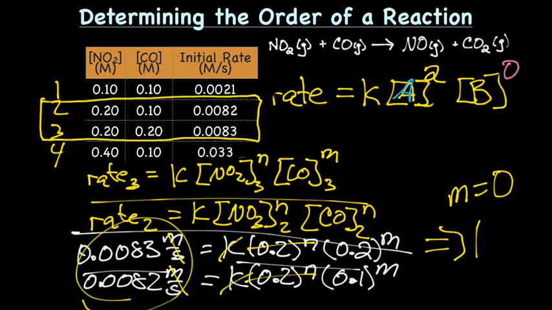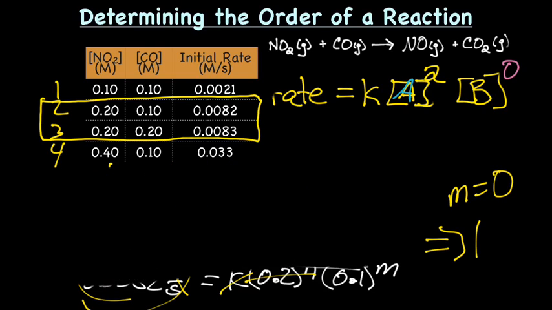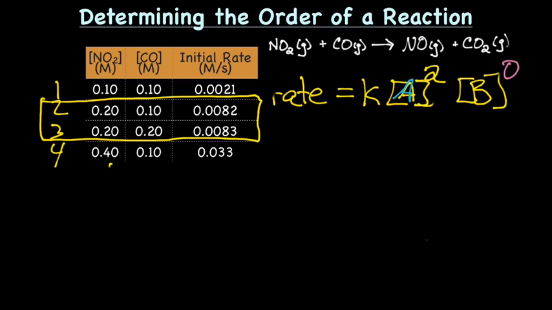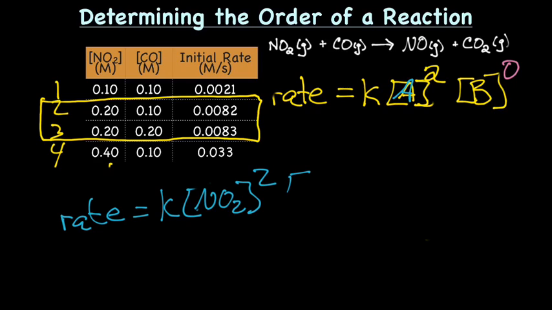So now we have figured out the order of each of the reactants. Let me get rid of some of this junk. Our rate law would be rate equals K, concentration of NO2 to the 2, and CO to the 0. But something to the 0 is just 1.